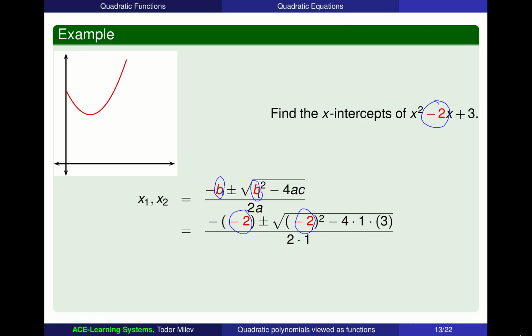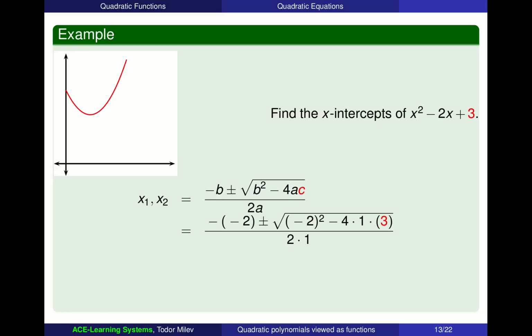So b is negative 2. a is equal to 1, right? Because we're having x squared, which is 1 times x squared. And finally, we have that c is equal to 3.